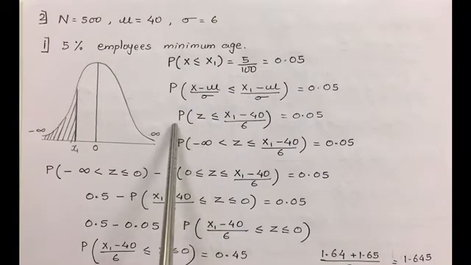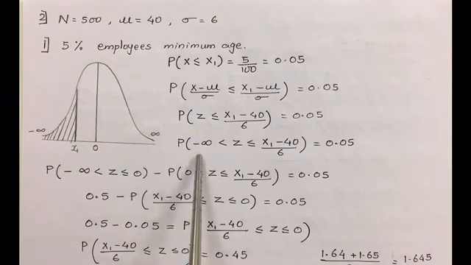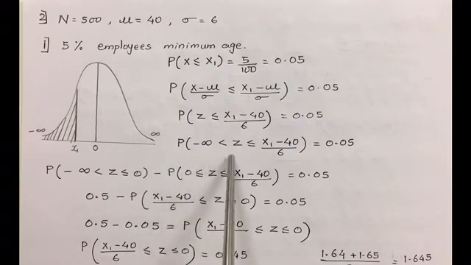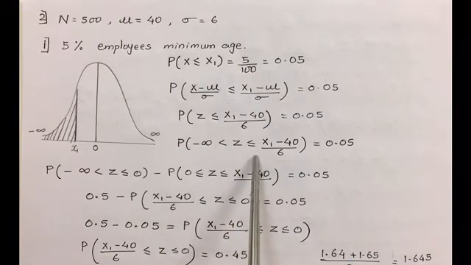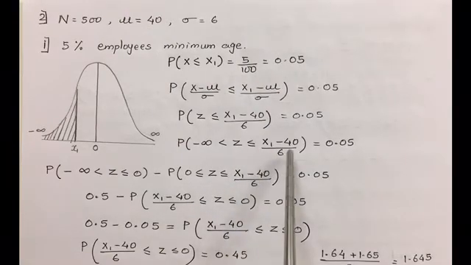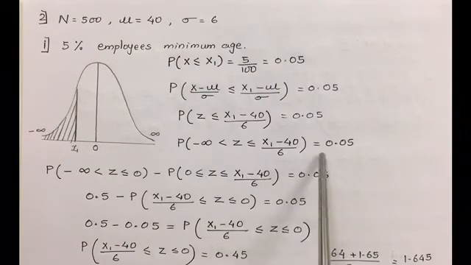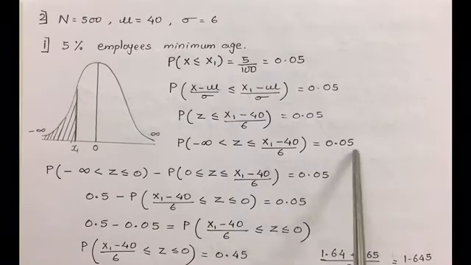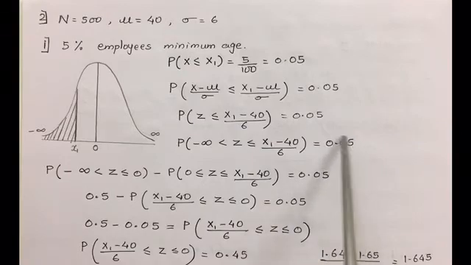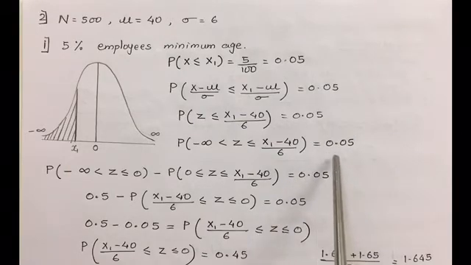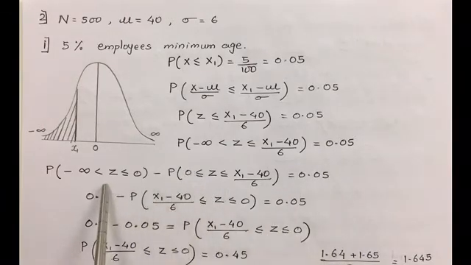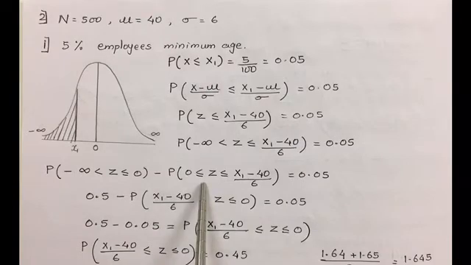As the left side of the limit is missing, we put there minus infinity less than z less than or equal to (x1 minus 40) divided by 6, equal to 0.05. Now as the area given is less than 0.5, breaking the probability from 0, we have to subtract it.